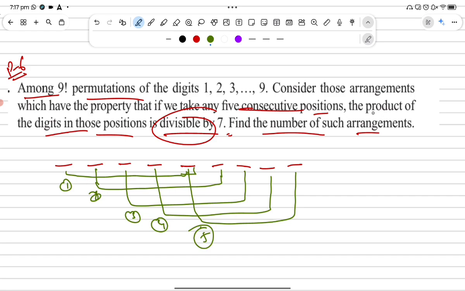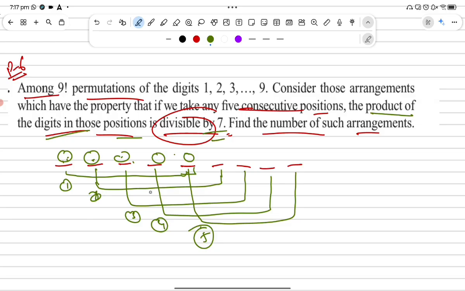The condition provided is the product of the digits in those positions. Now let's say I choose the first one. These are the 5 digits. Now whatever it is there, the product of all these 5 needs to be divisible by 7. So how can that be done?